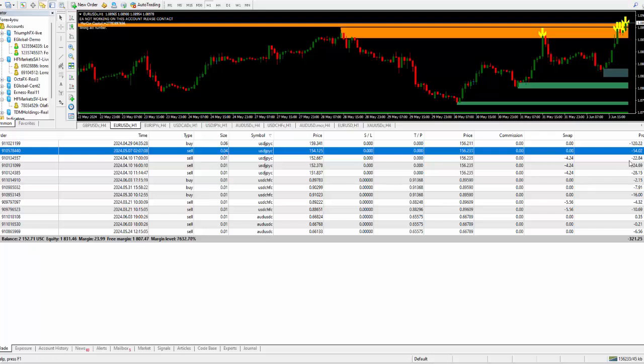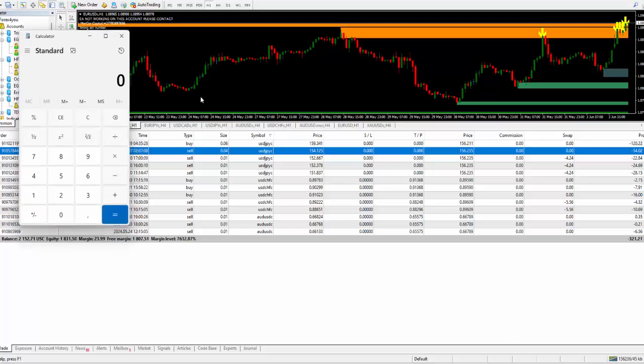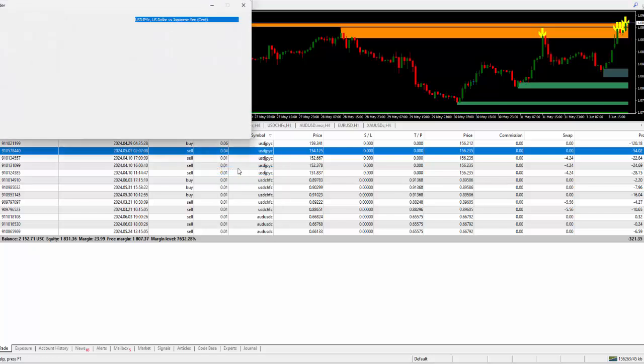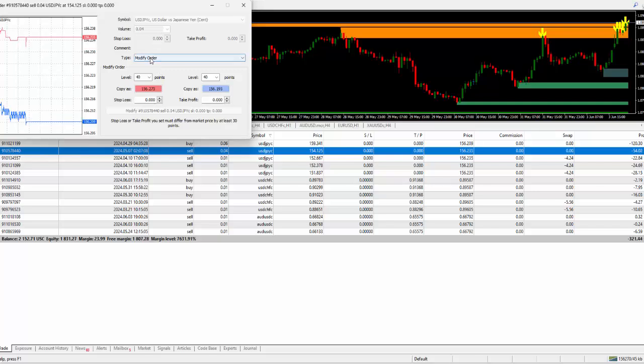So now we have 55. Let's say we have 55 here on the sell leg, divided by 4. So 13. So if we add 13.75 to what we have already closed, now here we're going to partially close 0.01 again.